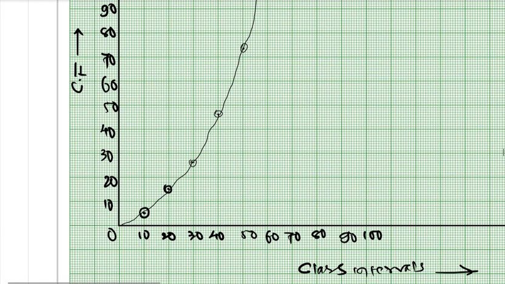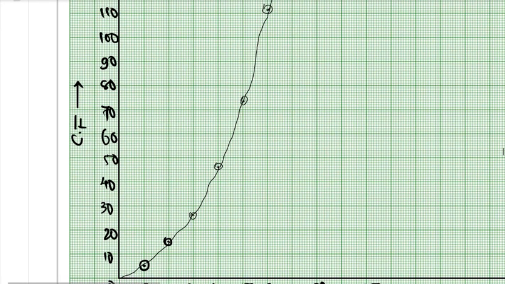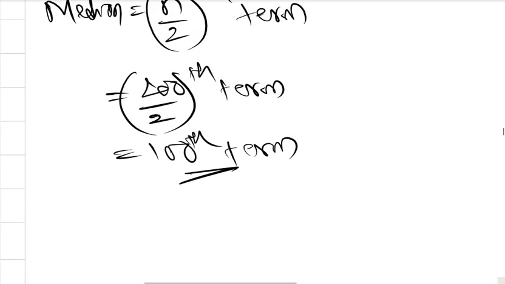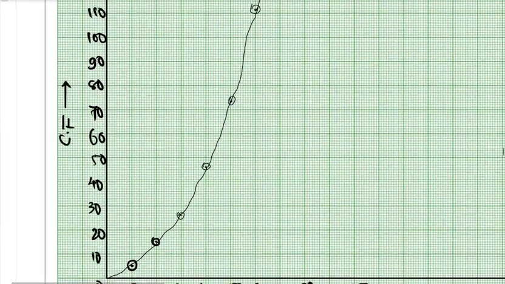Okay, now what is the median? I've got 2 marks here for plotting the ogive. Median: n is 200, so 200 by 2, that is your 100th term. Now 100th term will be on the y-axis, right? Which is the 100th term over here.